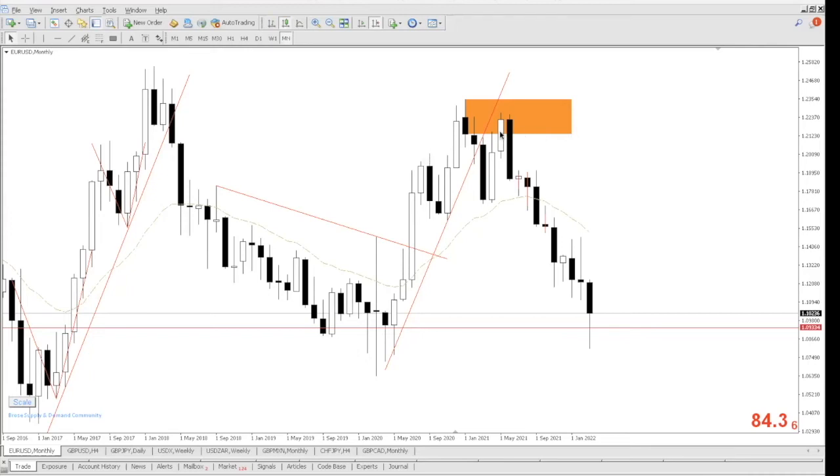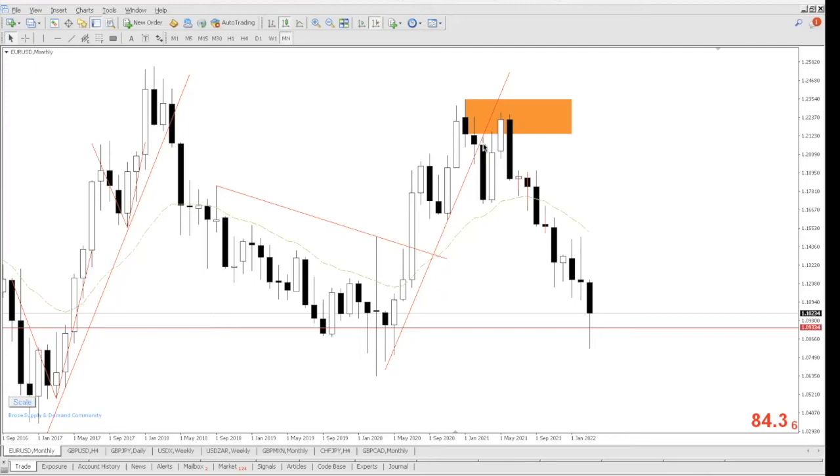You set this before the price actually gets there. Price should cross the trend line and have one candle closing outside the trend line.